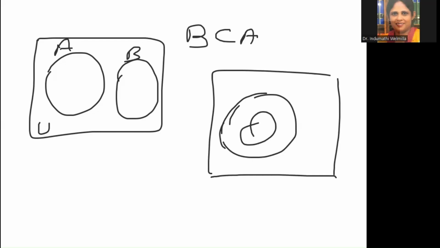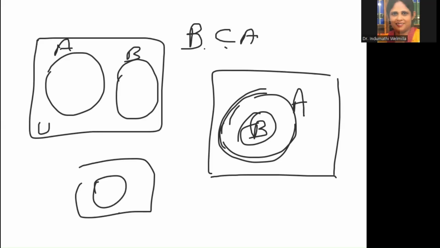The big one is A, because B is the subset of A, and this small one is B. That means we can say B is a proper subset of A. You already know A intersection B is this one and A union B is the whole.